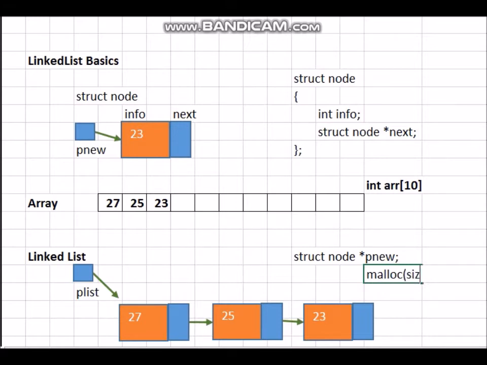It takes the size of how much memory you want, and it returns a pointer. So we could essentially say pnew is equal to malloc(size). When we say pnew is equal to malloc(size), a particular amount of memory is allocated into pnew. How exactly it will be done, we will see in the exercises. But the idea right now is to understand the comparison between array and linked list.